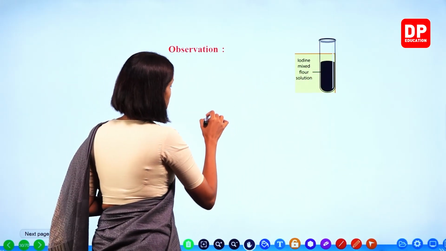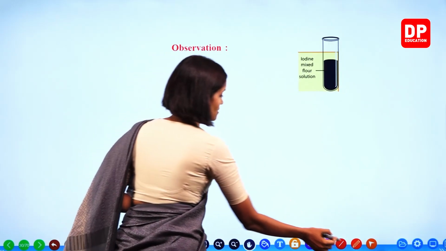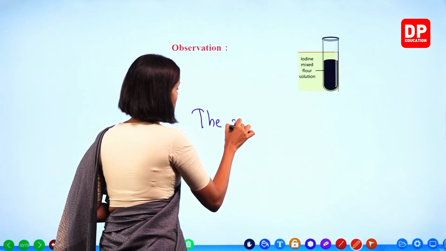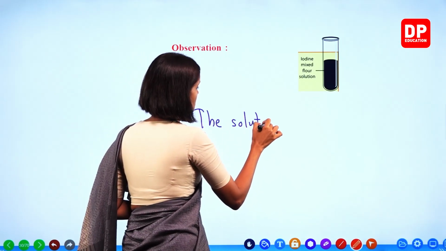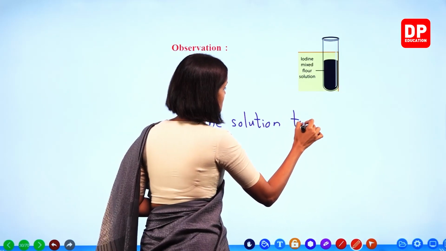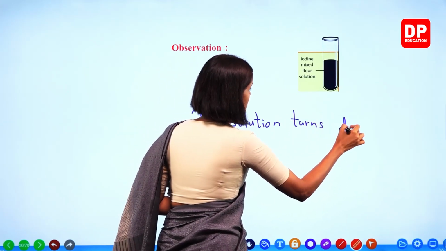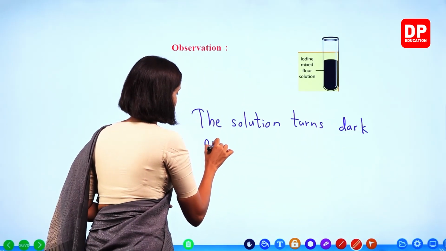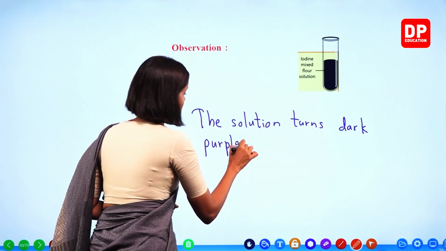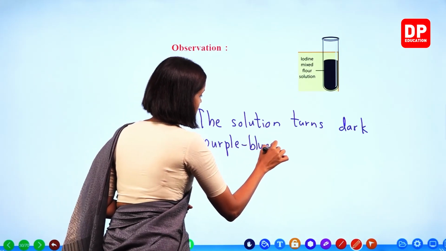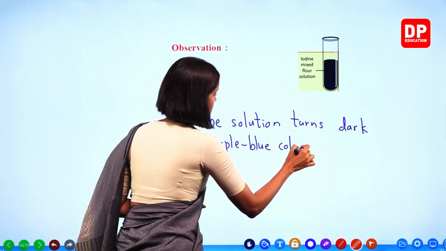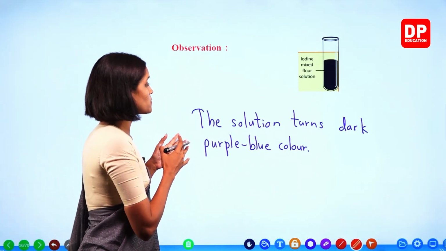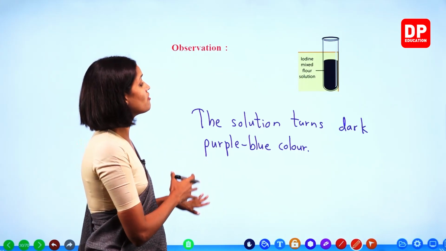So what is the observation? The solution turns dark purple blue color. Even this change takes place only in the presence of starch.